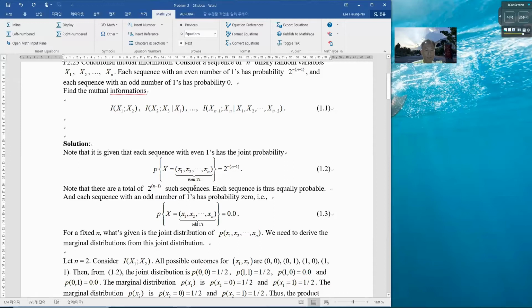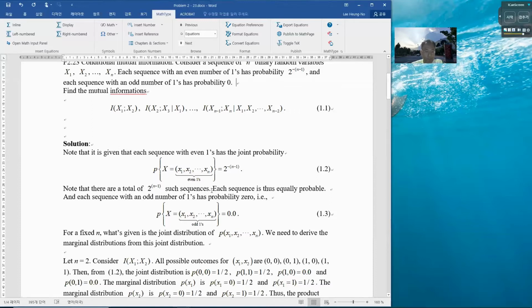For example, if n is equal to 3, the length of each sequence is 3, and the probability of each event where there is an even number of ones is 2 to the minus (3 minus 1), which is 2 to the minus 2. So it is 1 over 4. The probability of each even sequence is 1 over 4. All have the same probability.